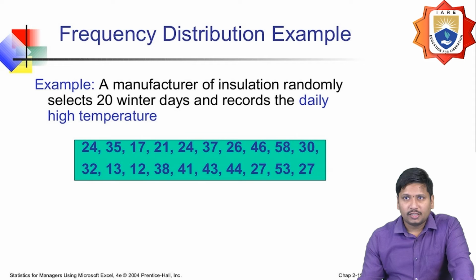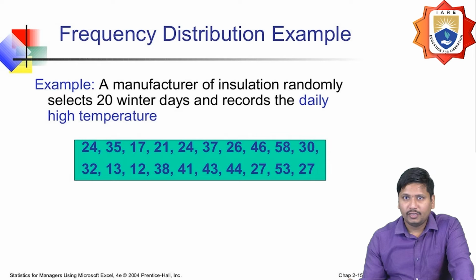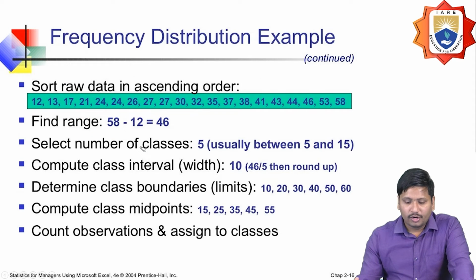So how do we construct this frequency distribution? Let us take an example here. A manufacturer of an insulation company is going to take 20 days and record the daily high temperatures. This is the data of the temperatures for each of the 20 days. For that, you first have to arrange the data in ascending order.